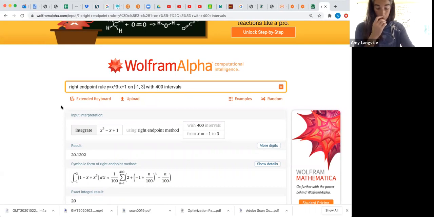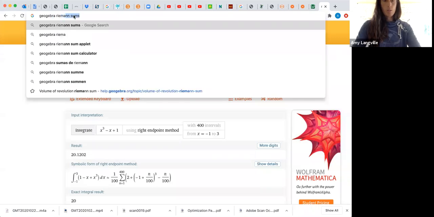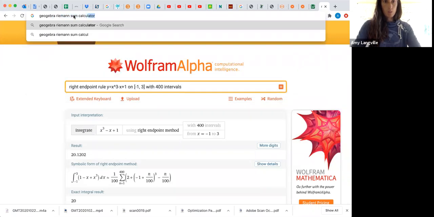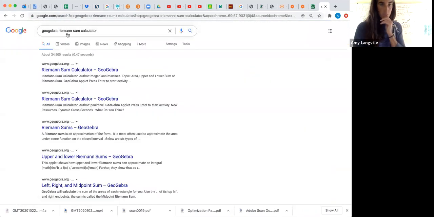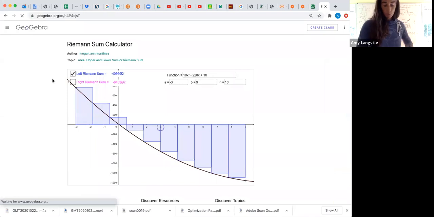Okay, and then there's one more tool, GeoGebra, that you can use. You could also just Google GeoGebra Riemann sum calculator and play with the settings there. So let's just do that real quick. Lots of different options, different teachers submit things.